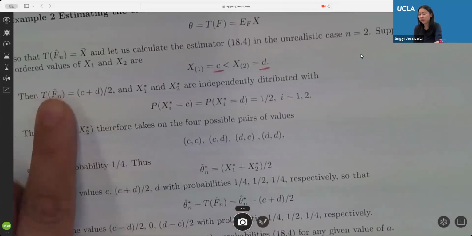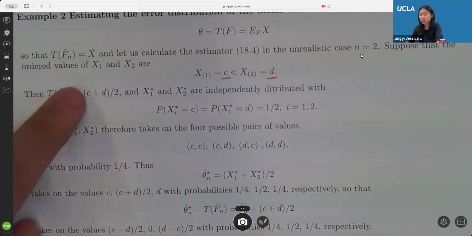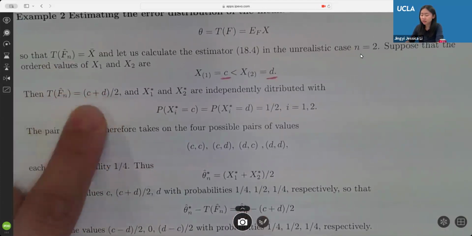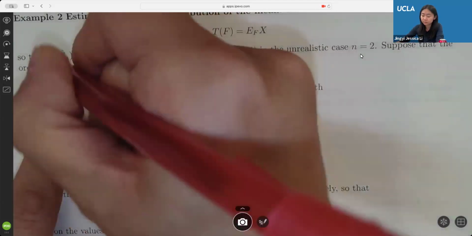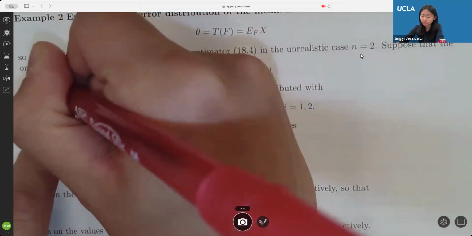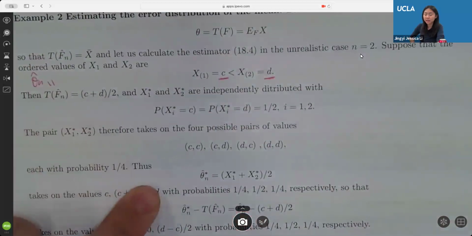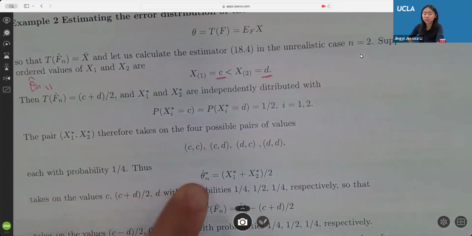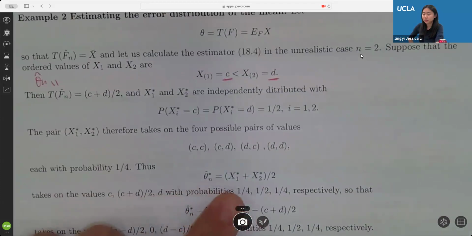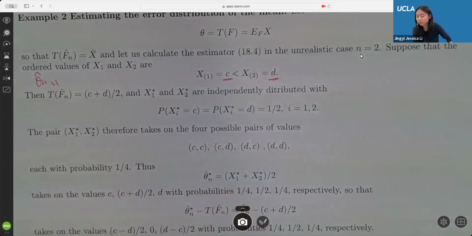So theta n hat is the value for the actual sample, and this is the value for the hypothetical sample for the estimator: (x1 star plus x2 star) over 2.